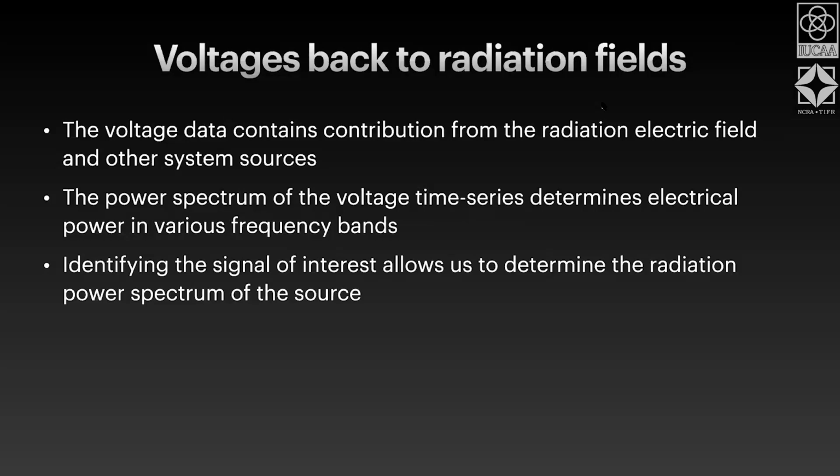If we do the same bit of analysis here, seeing the frequency components and contributions in these voltages and determining their power spectrum, we'll be able to get an idea of the same for the electric field that we are trying to measure.